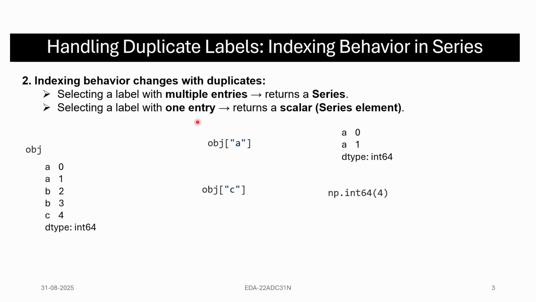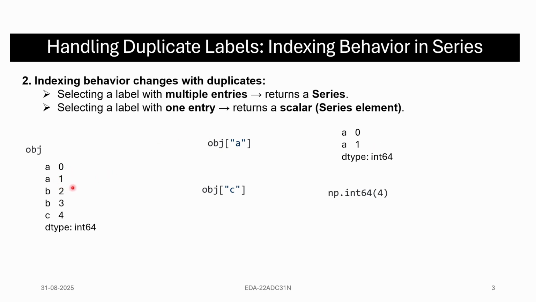Now let us see the indexing behavior in series objects whenever there are duplicate labels. This is the series object that we have considered with the index A, A, B, B and C, and the corresponding elements are 0, 1, 2, 3, 4. If we try to access obj of A, it returns a series object, because A is appearing twice.